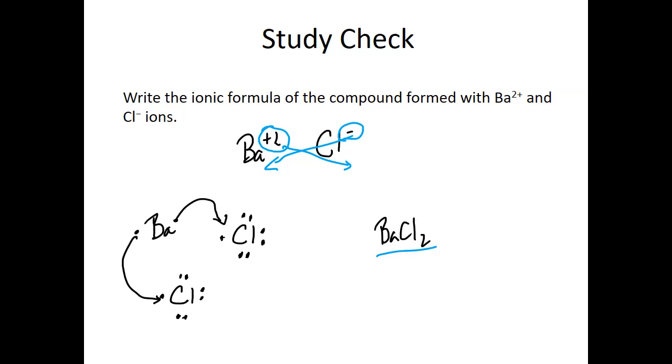So the Lewis dots give us the visual picture. This is what we think is happening inside of the compound. The crisscross method gives us a means of quickly identifying what the formula should be based upon the charges on the ions.